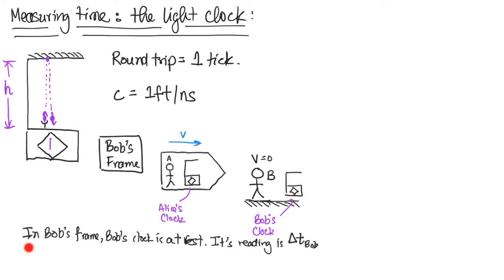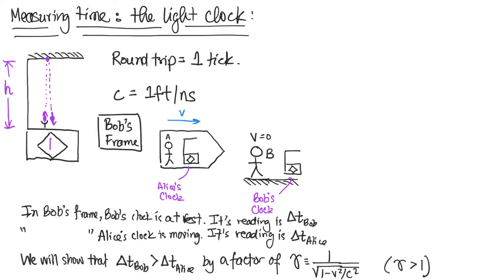So we can say that in Bob's frame, Bob's clock is at rest, and the reading on that clock we'll call delta t Bob, meaning the change in time as measured on Bob's clock from t equals 0 until some later time. Similarly, in Bob's frame, again in this diagram, Alice's clock is moving, and we're going to call its reading delta t Alice.